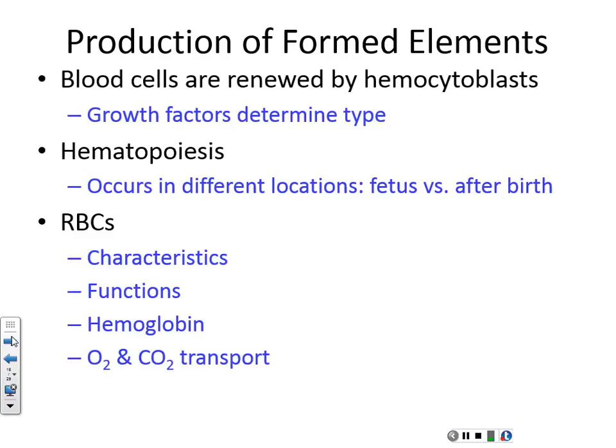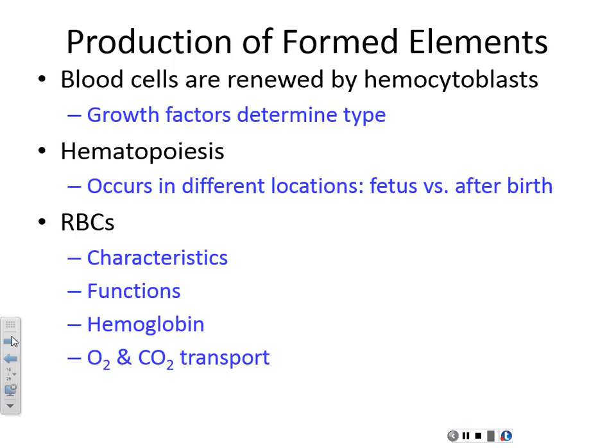Growth factors determine what kind of cells will arise from those hemocytoblasts. You have that one stem cell that forms all the blood cells, okay? So you've got the pro-erythroblast, the megakaryoblast for the megakaryocytes and so forth, the myeloblast and lymphoblasts.